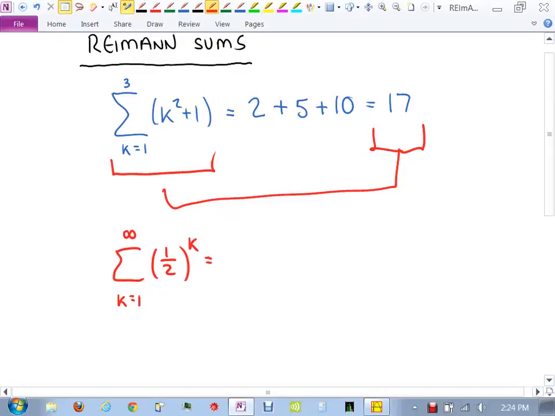So let's start at 1. What would you get? 1/2 to the first power. Plus, now let k be 2, 1/4. Now let k be 3, 1/8, 1/16, plus forever and ever, right? This would keep going.